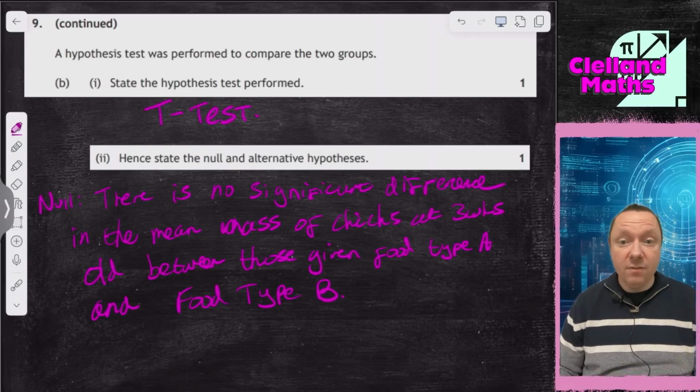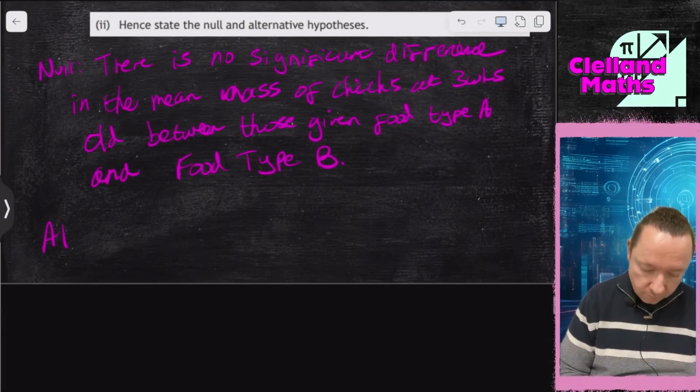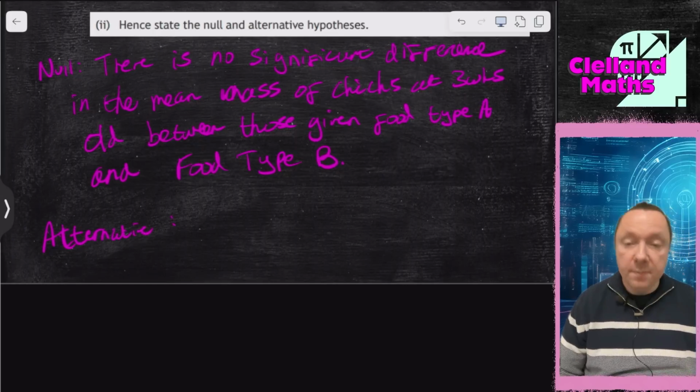And then the alternative hypothesis is just the opposite statement of that.